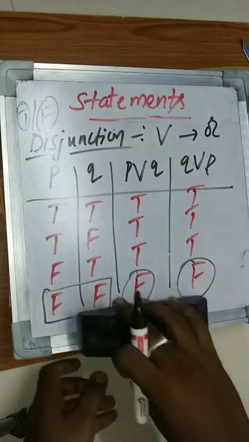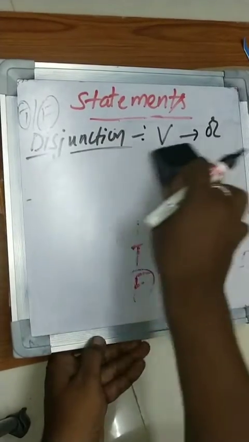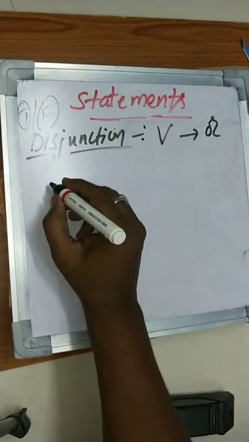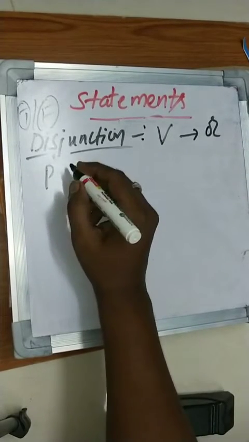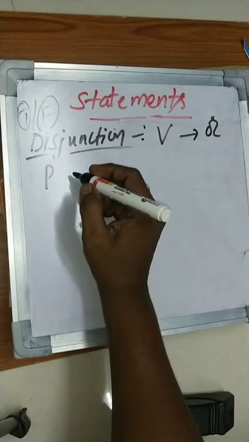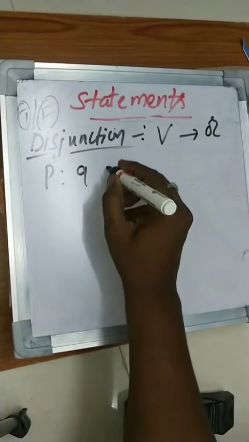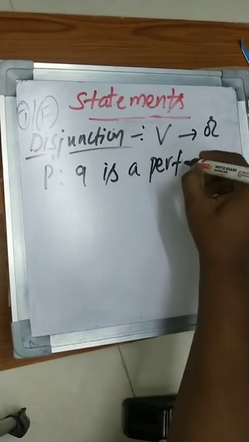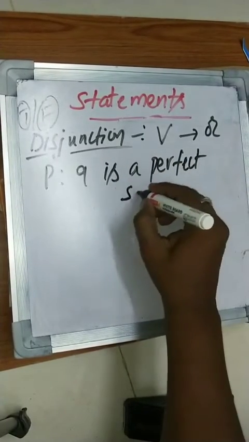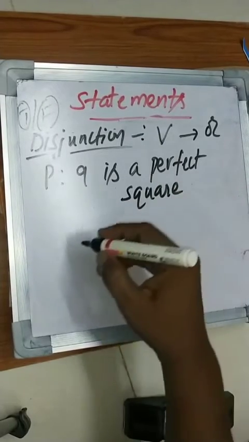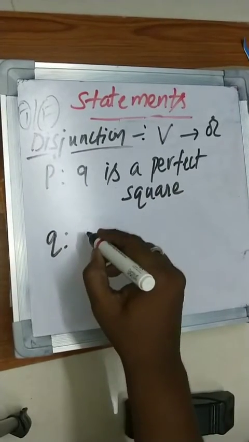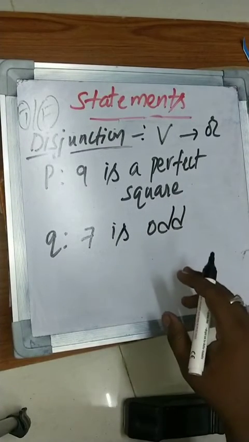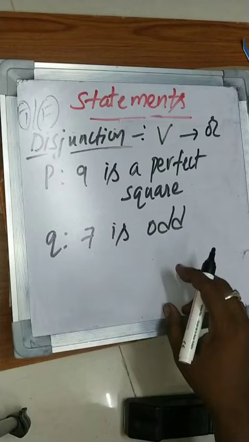Okay, let me give you one example. Let us suppose P: 9 is a perfect square. Q, what is Q? 7 is odd. So I have taken two statements, 9 is a perfect square and 7 is odd.